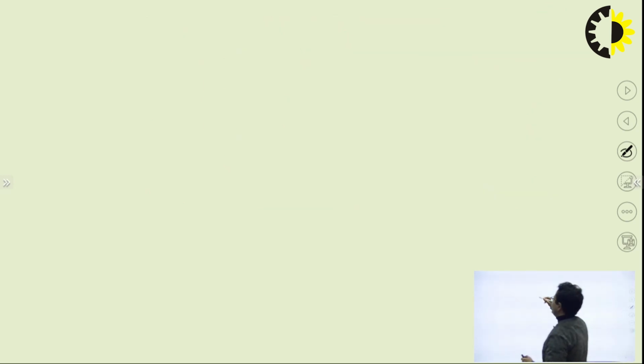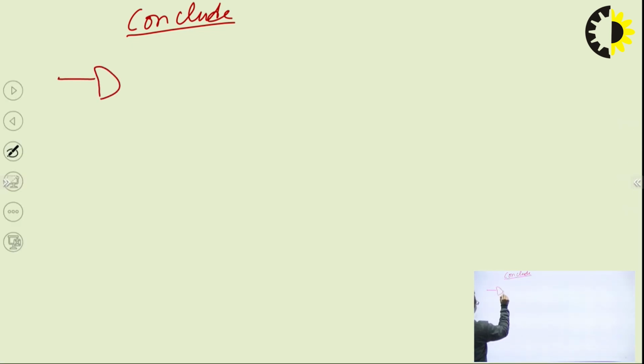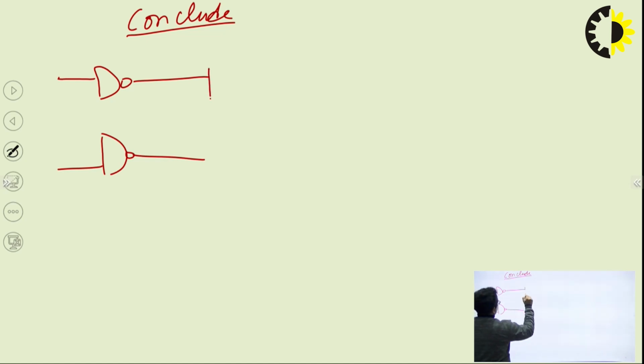So let us first conclude based upon the input circuitry, for the SR flip flop using NAND and NOR. So that was the circuitry.